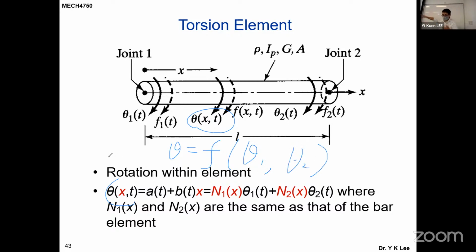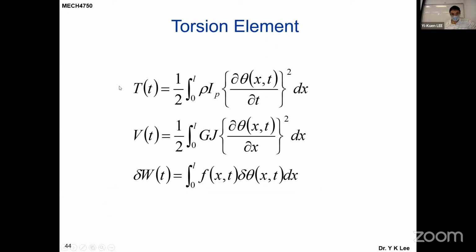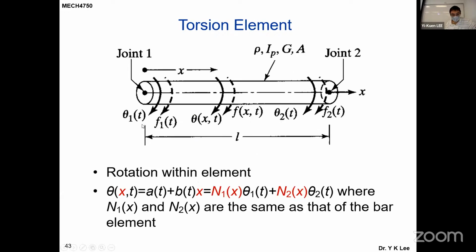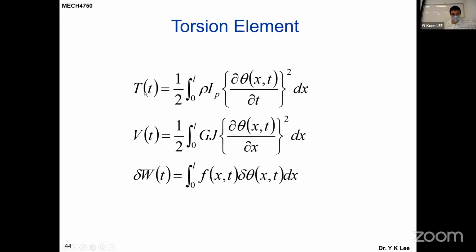So this is similar to what we described for the bar model, for the linear vibration problem. And of course, we can describe this as a linear combination of this displacement, right?